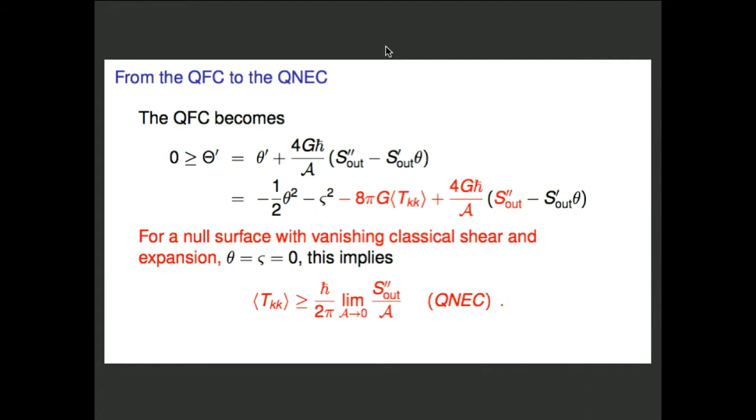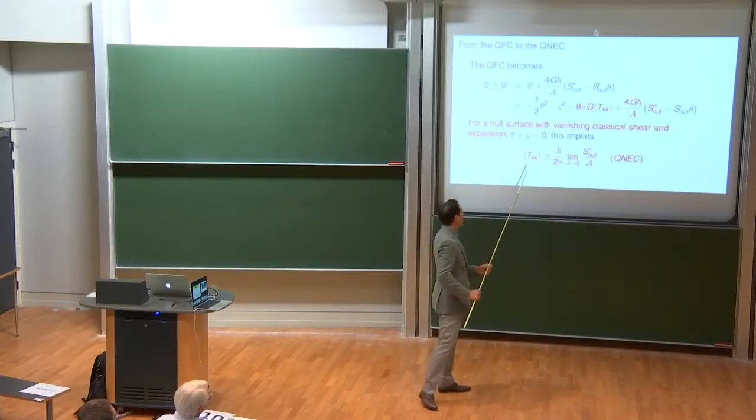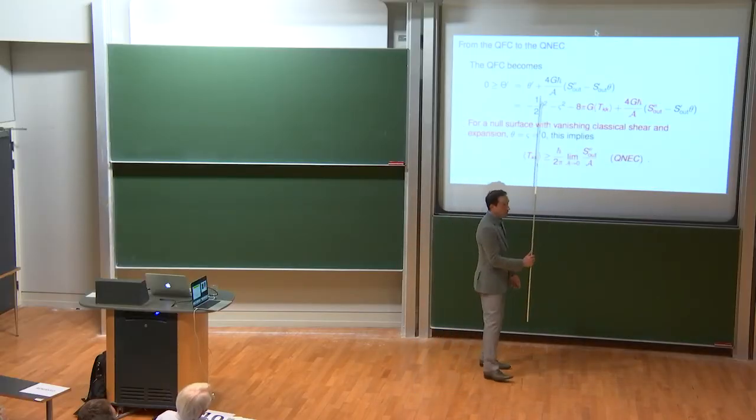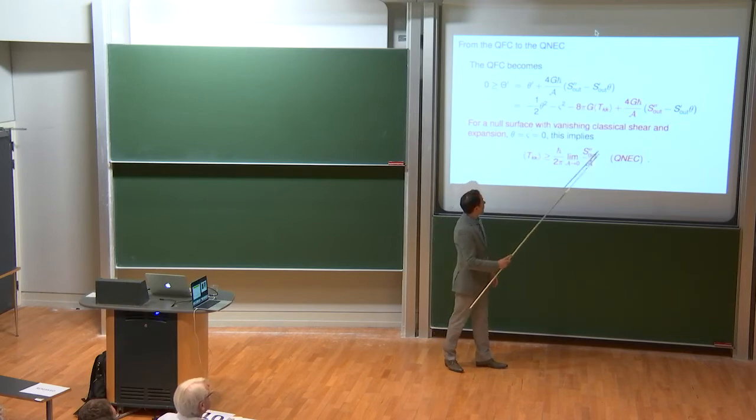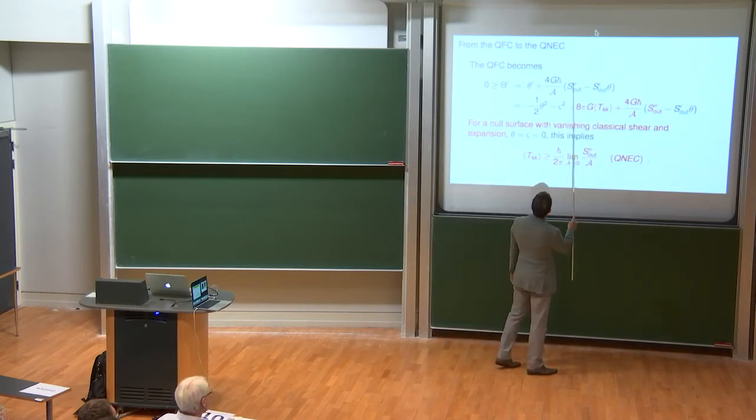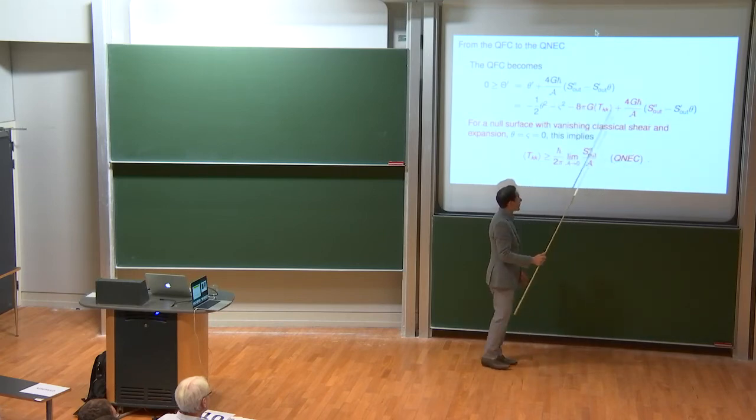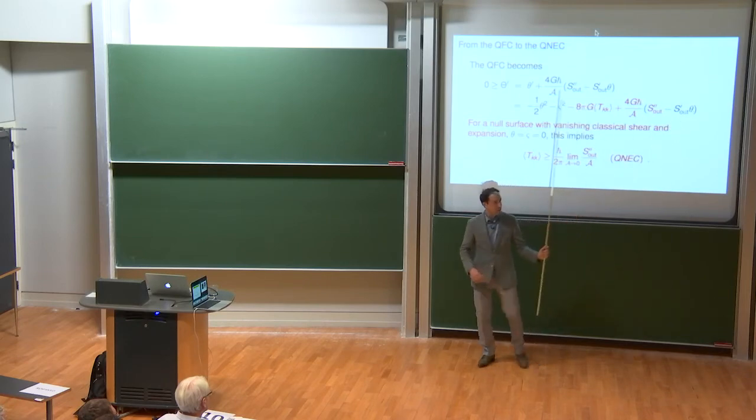Shear squared and initial expansion are 0. And then the term that's proportional to G Newton tells you that gravity is going to build up small bending of light rays on this surface, and it has the stress tensor expectation value in there. And then out of these information theory terms on the right, what survives is only the second derivative of the exterior entropy, because again, the first derivative gets multiplied by an expansion that's 0.